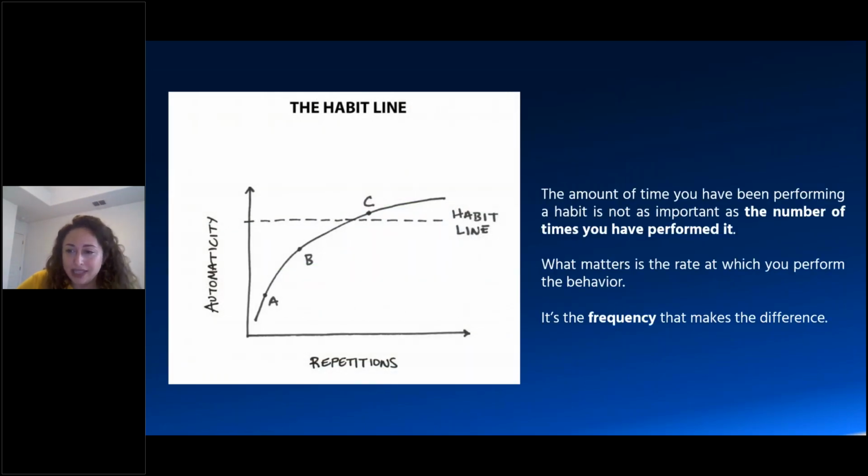So creating a habit has nothing to do with how many years you've owned the cone beam, how many scans you've looked at, or how many patients you've sent out to look at the CBCT scan, but it's about the number of times that you've performed the same act consistently.